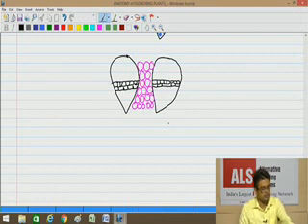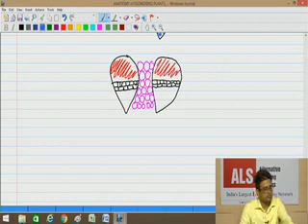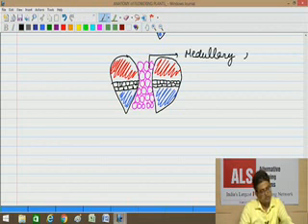This is the phloem. I am not drawing it again, you know that it is phloem. This is the xylem part, and these medullary ray cells are parenchymatous cells.